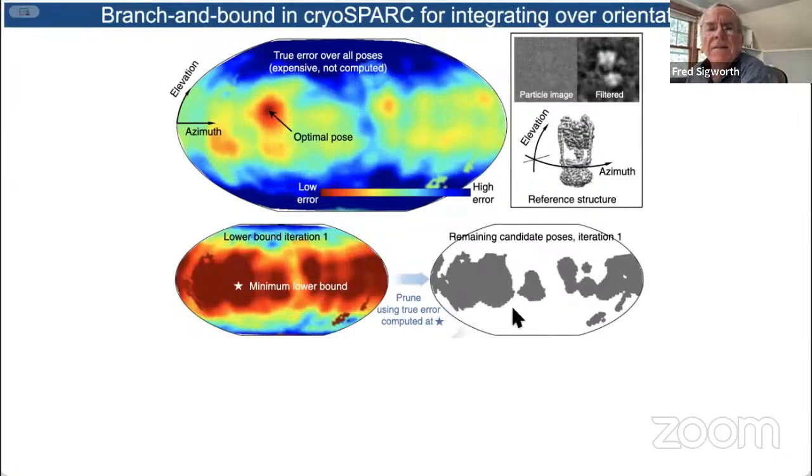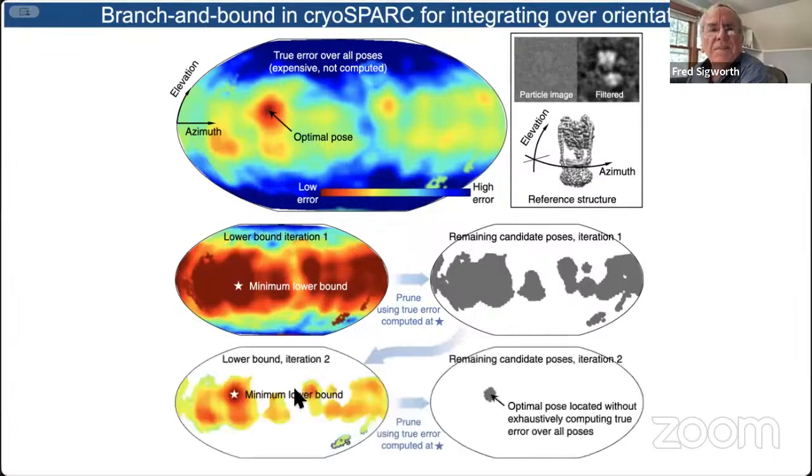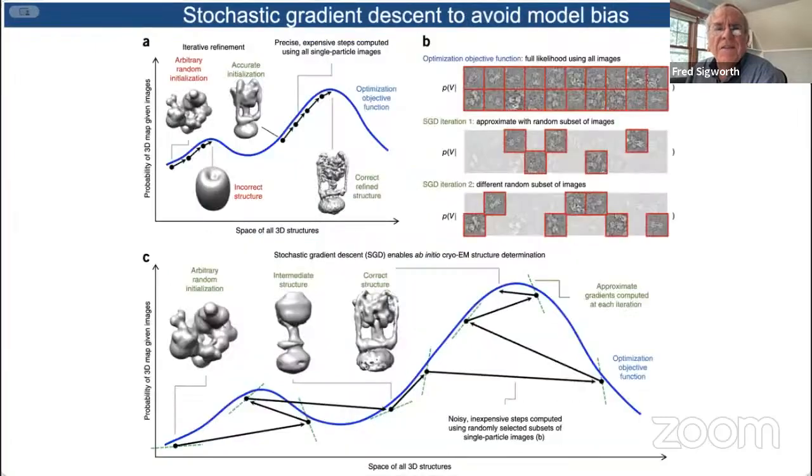Then select just the most promising regions of the search space, and then in another iteration, they reduce the search space much smaller. And so by being very clever and choosing where to look in the space of so many different orientations, these programs, especially CryoSpark, are extremely efficient.